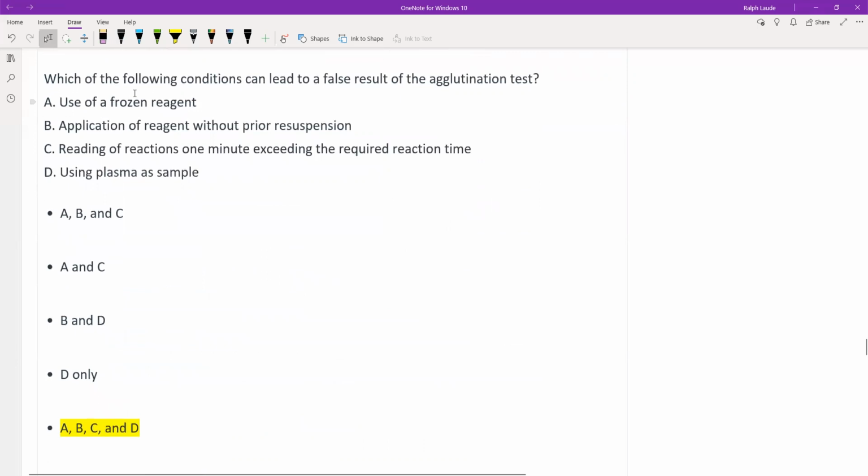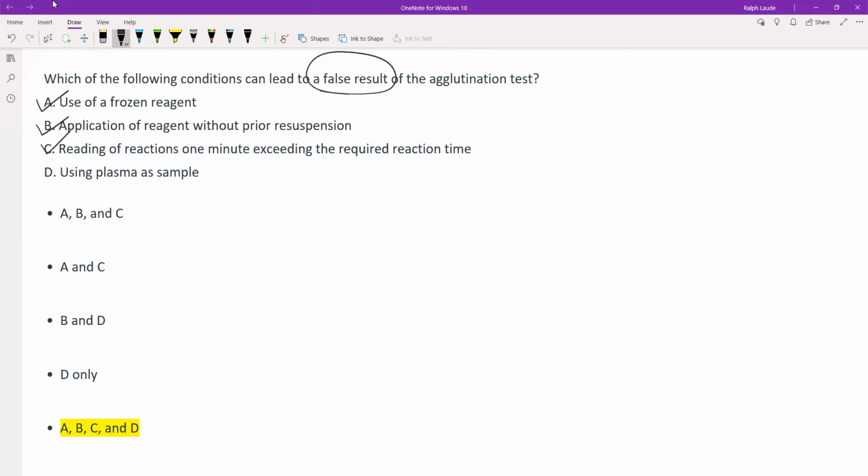Which of the following conditions can lead to a false result of the agglutination test? False result, so this is mainly technical errors. Use of a frozen reagent? Yes. Application of reagent without prior resuspension? Yes, because it sediments at the bottom, so the mixture is not homogeneous. Reading of reactions 1 minute exceeding the required reaction time, of course, could lead to drying of the samples.